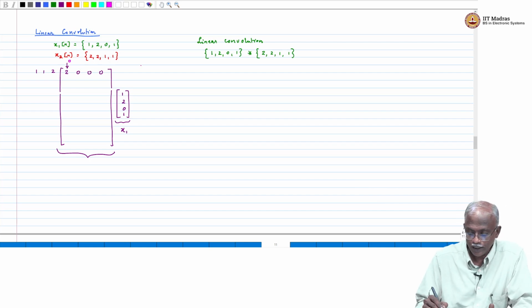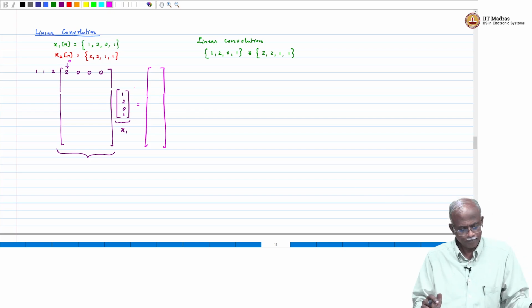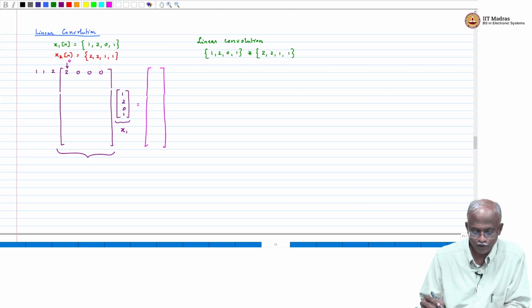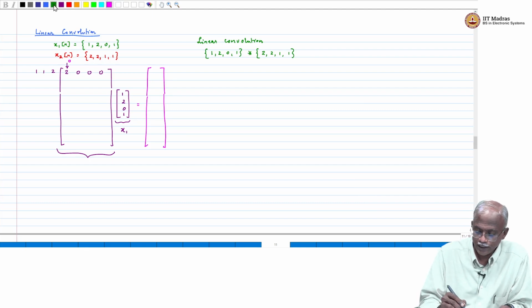Now we can calculate the value of the first sample of the convolution. You multiply these two together and the first sample is equal to 2. Second sample, how?